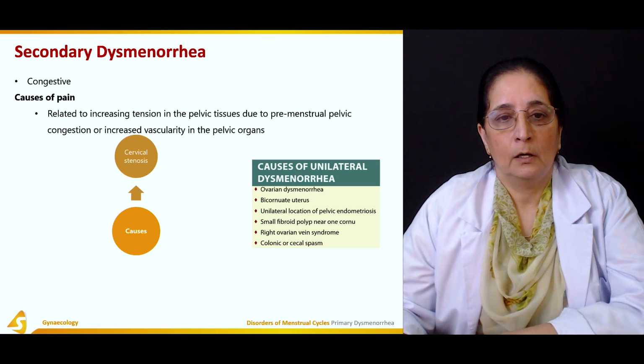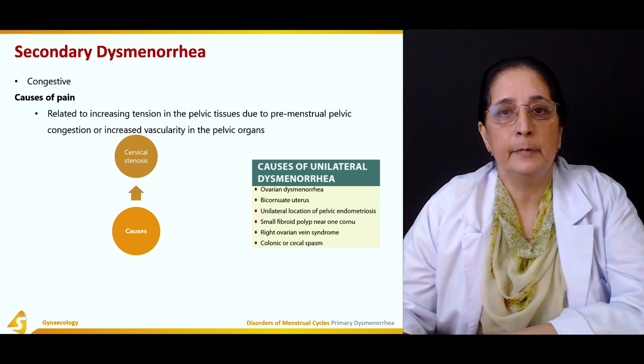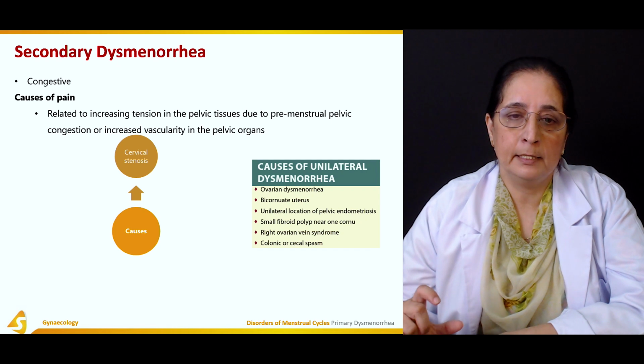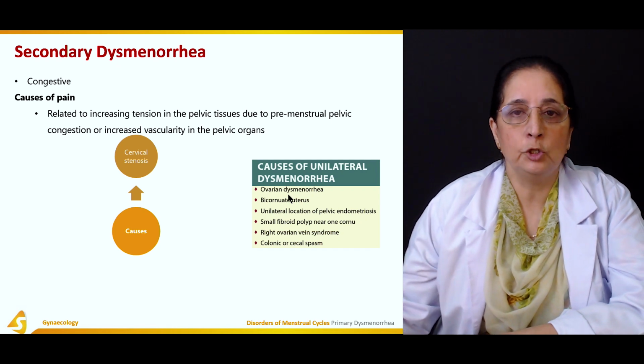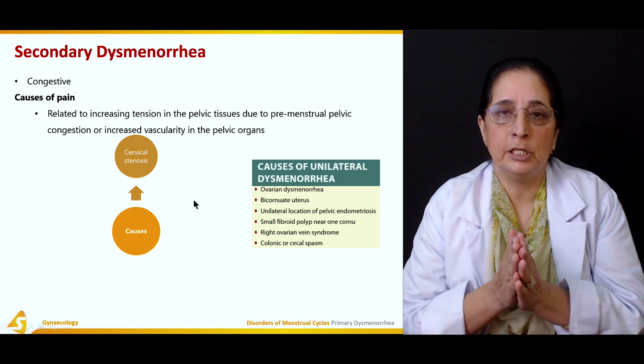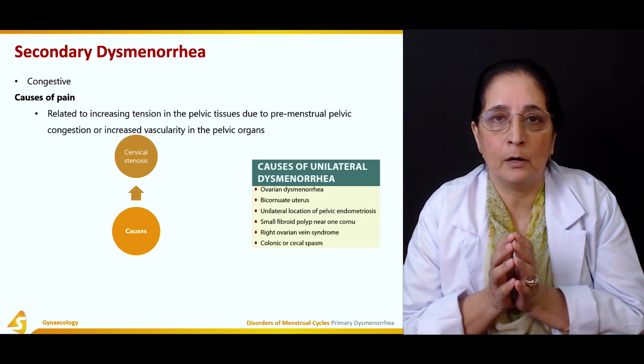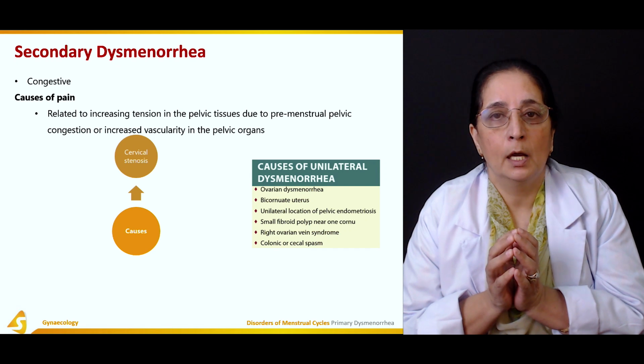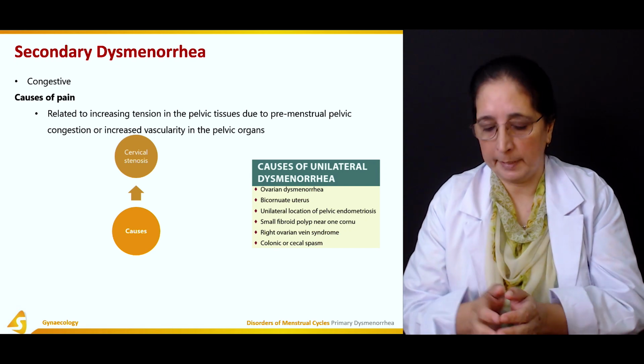Some causes of secondary dysmenorrhea. Secondary dysmenorrhea can be due to cervical stenosis, where the cavity of the cervix is narrow.